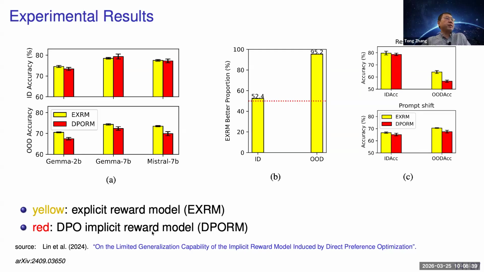Implicit reward means you directly use your policy model to train your reward, and this one turns out to be less robust. We don't need to go into too much detail, but the conclusion from this experiment is that when you have a distribution shift, you see more of a difference. ID means in distribution, OOD means out of distribution. In distribution, they are similar. Out of distribution, you see a much larger difference.